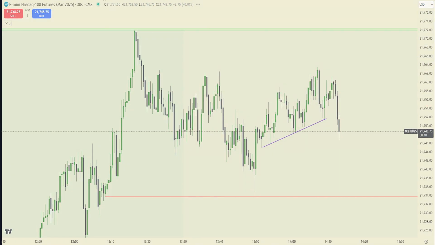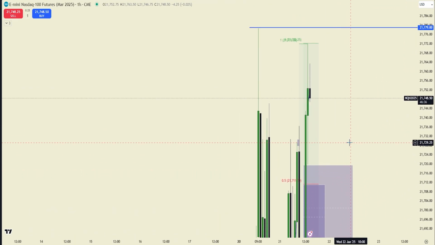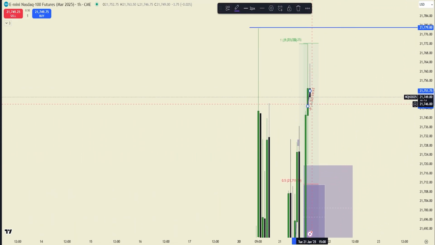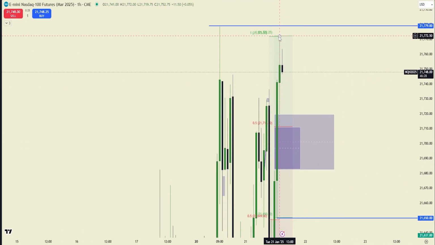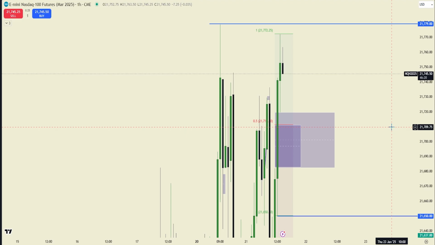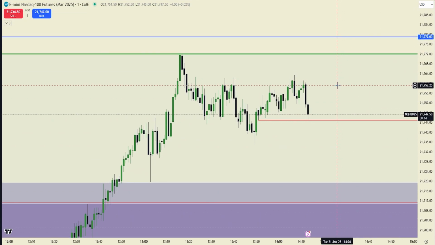So now at this point, I think it would be better for us if we came down and hit this hourly gap. So a lot of momentum down relative to the rest of the range. We just dropped 15 points in 2 minutes.